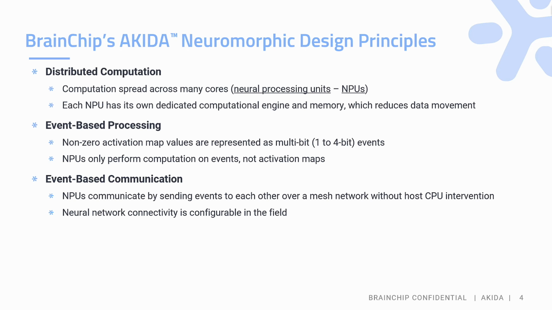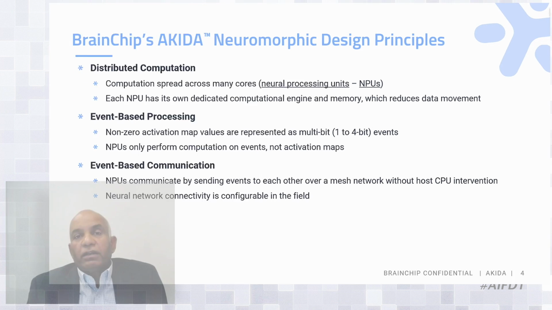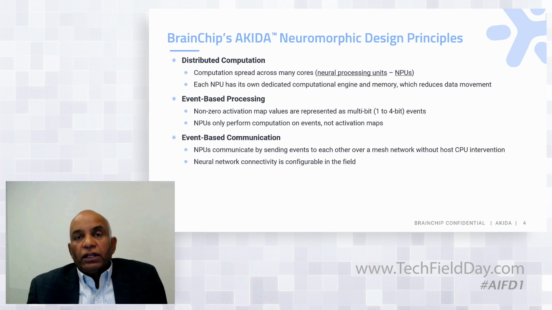Typical deep learning accelerators, which do matrix multiplication, process one layer at a time. They save all the values they got after processing one layer, then go on to the next layer. Here, because we are distributing computation, multiple layers of a network can be distributed over whatever number of NPUs are available, and they communicate the events over a mesh network without needing a CPU.